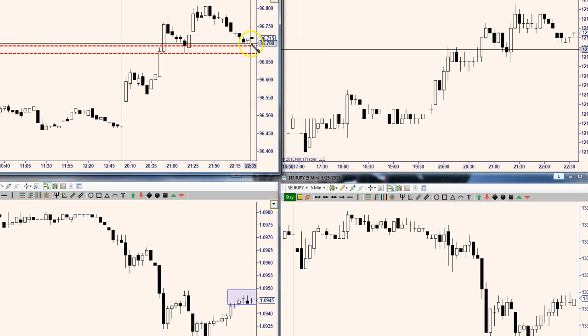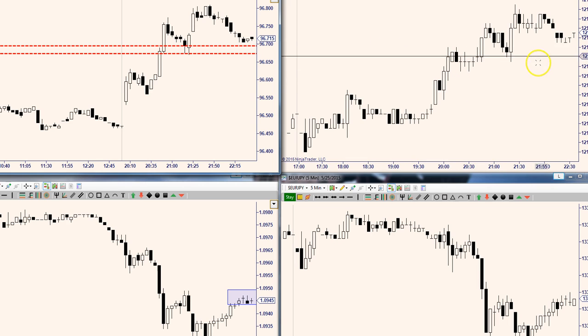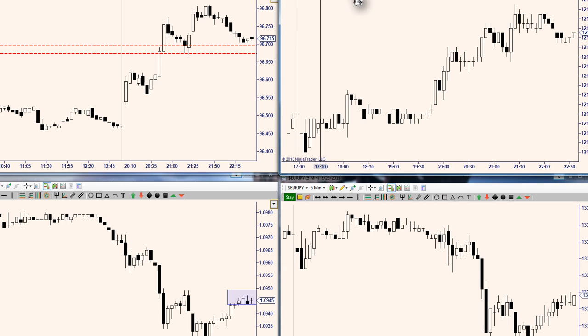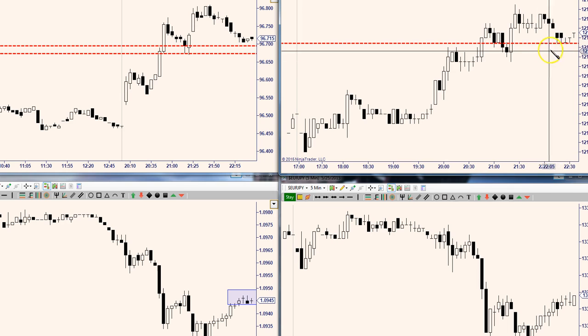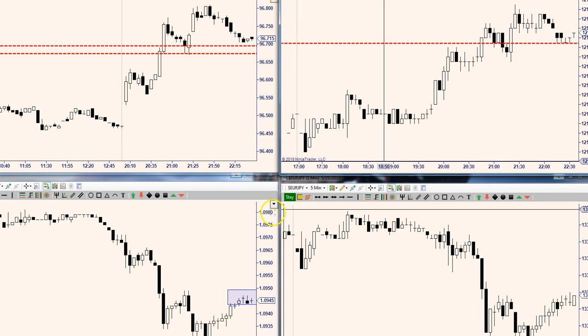So it's possible we could see this bounce back up. Then I'm going to glance over here to the dollar yen, and I should see that if the euro is going to be dropping, ideally the dollar should be getting stronger and hopefully be outpacing the yen. But you can see there again we have this same little support area here. So I expect this to be moving up as well.